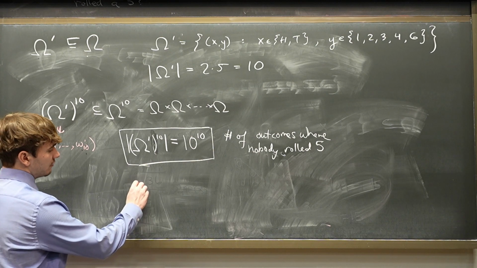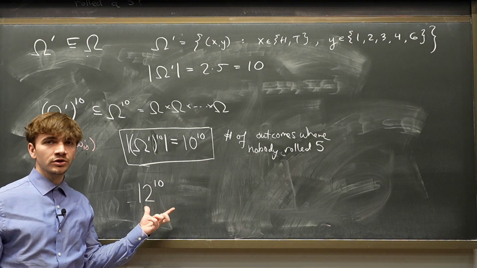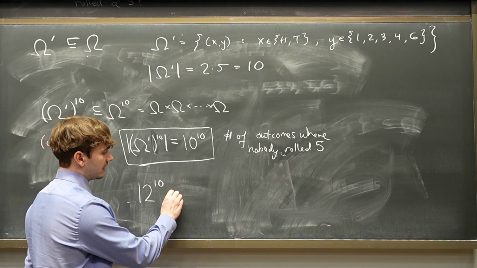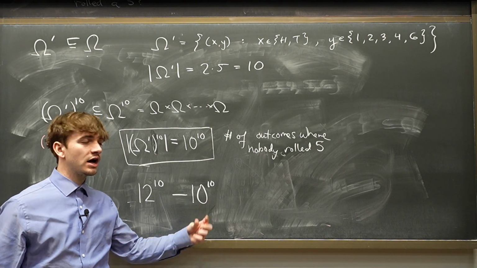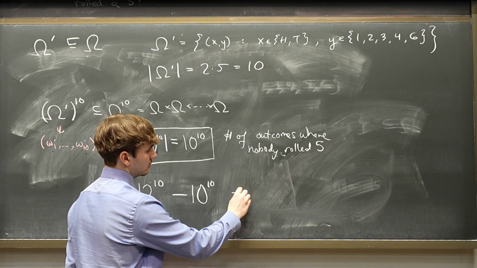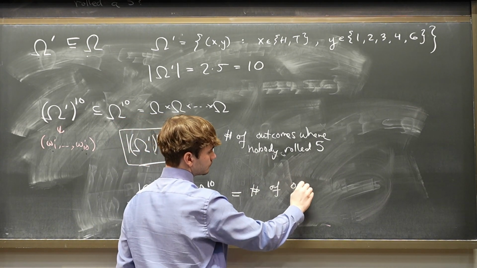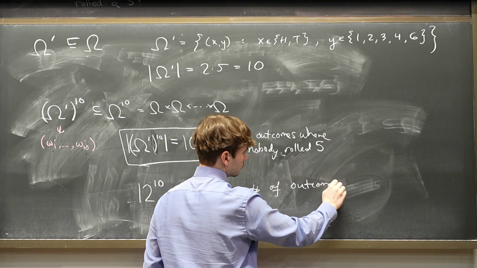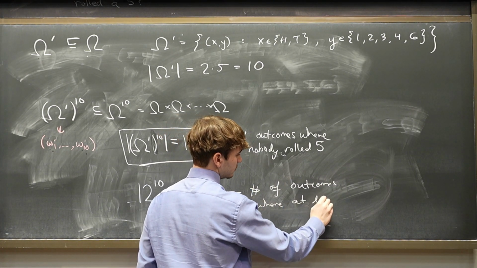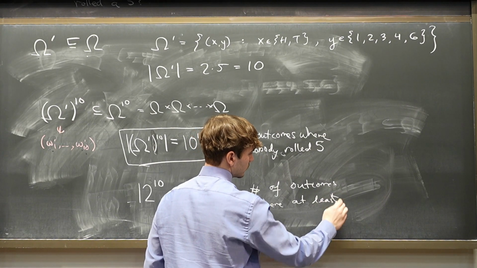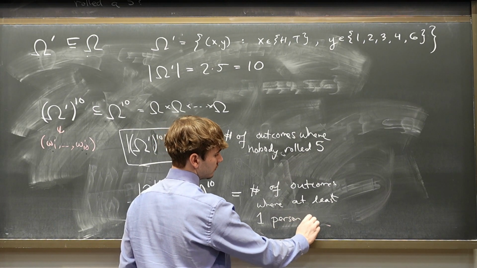Namely, if I look at 12 to the power 10, which is the total number of possible outcomes, and then I subtract all the outcomes where no one rolls a 5, then this is the number of outcomes where at least one person rolled a 5.